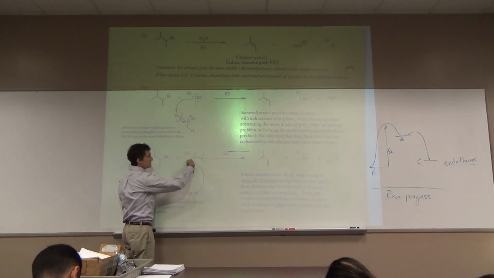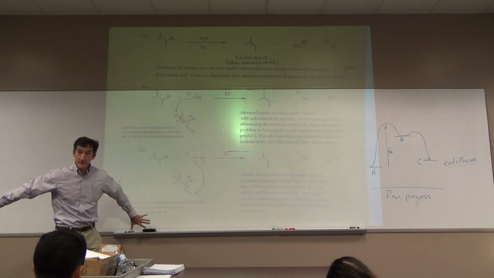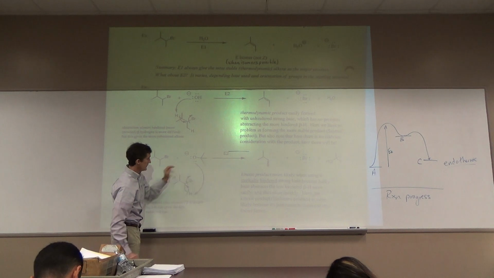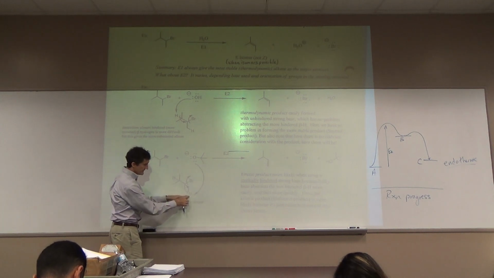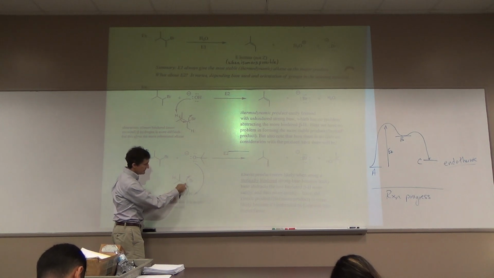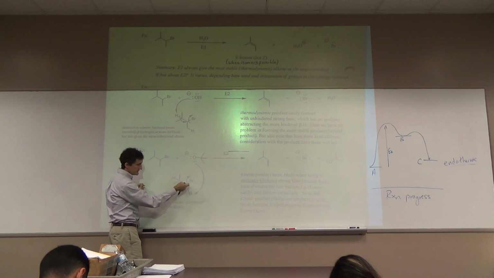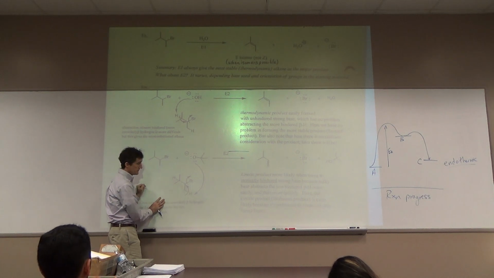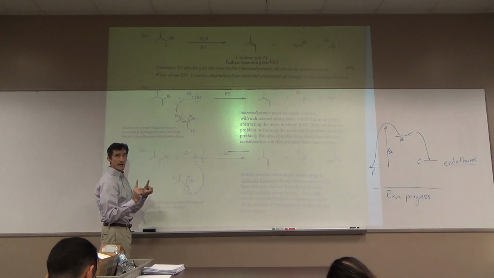And a larger base, such as butoxide, because it's got this substitution, it's got these wings here, it's a larger base, it's going to be more prone to taking the other beta hydrogen and give the Hoffman product. Because typically, to give the Hoffman product, that beta hydrogen is more accessible. And it turns out that's all the time that way.